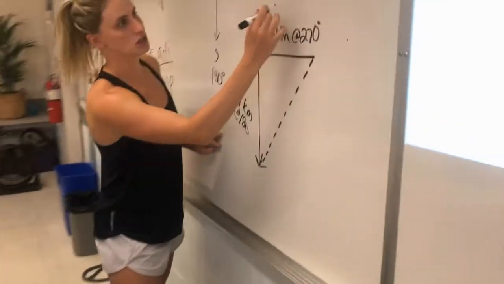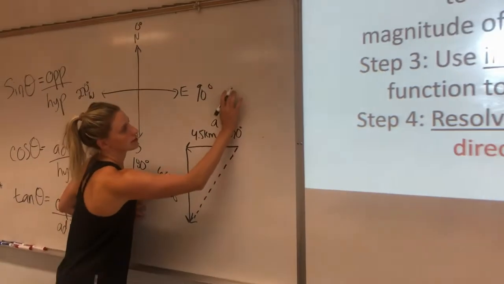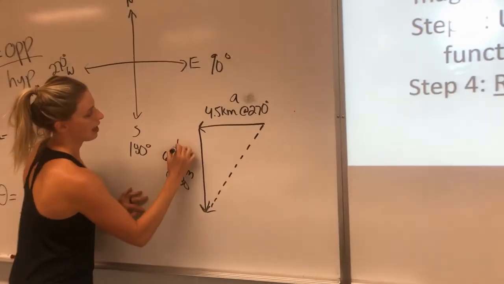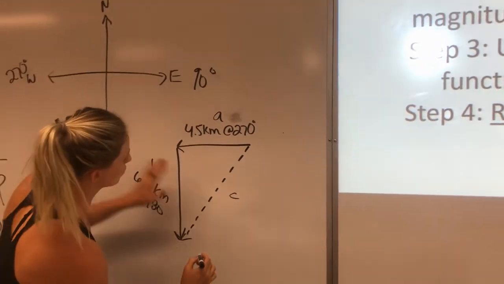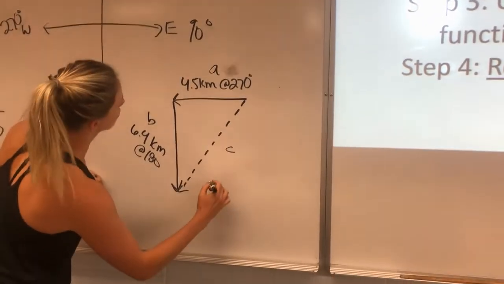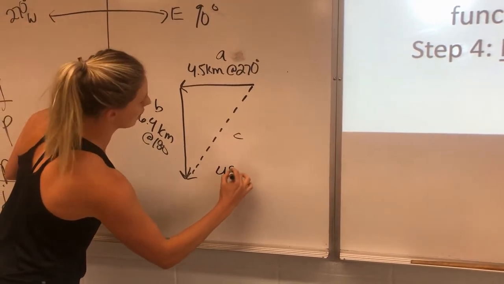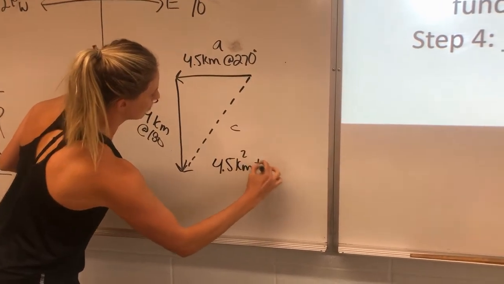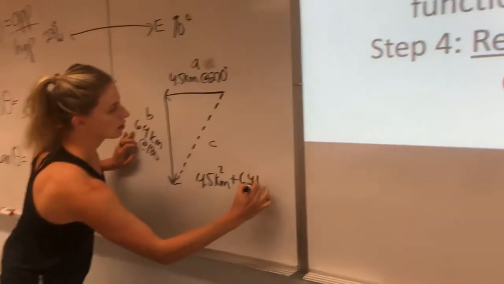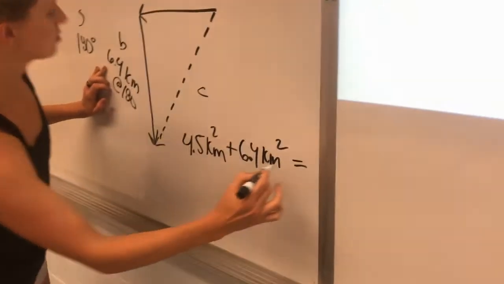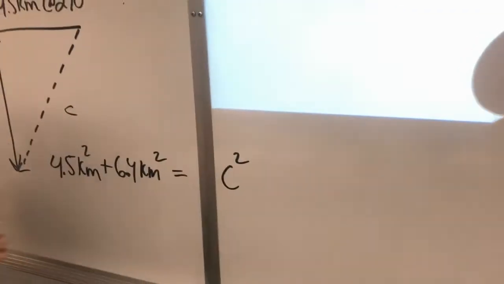I'm going to call this A, B, and C, right? A squared plus B squared equals C squared. So 4.5 kilometers squared plus 6.4 kilometers squared equals C squared.